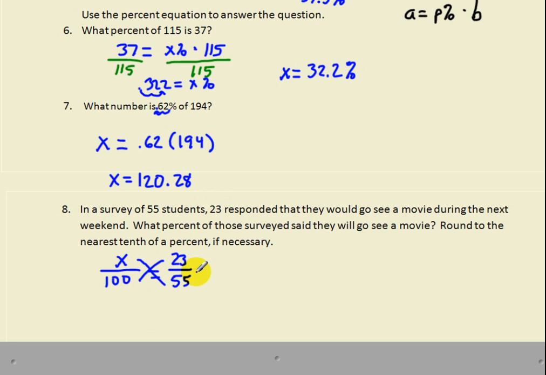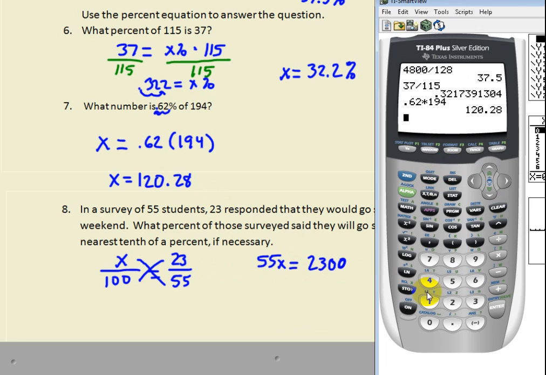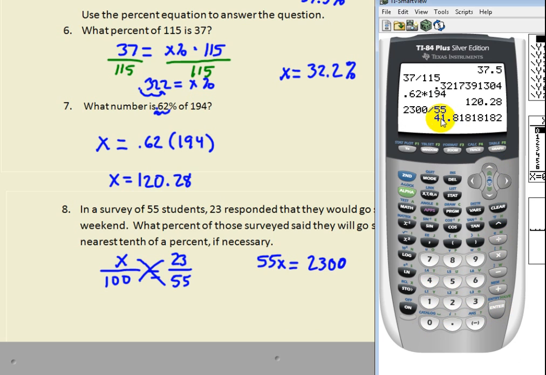So I'm going to go ahead and cross multiply here, and get 55x is equal to 2300. Okay, and then I'm going to divide each side by 55. So 2300 divided by 55 is equal to 41.8, and then it continues on, but we were asked to round to the nearest tenth of a percent.